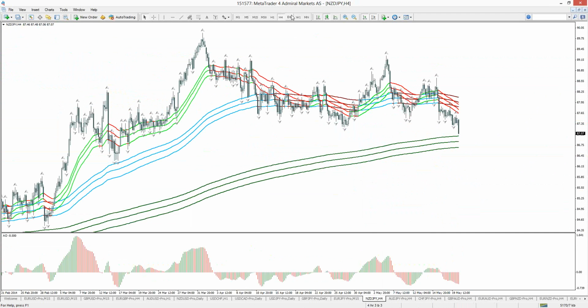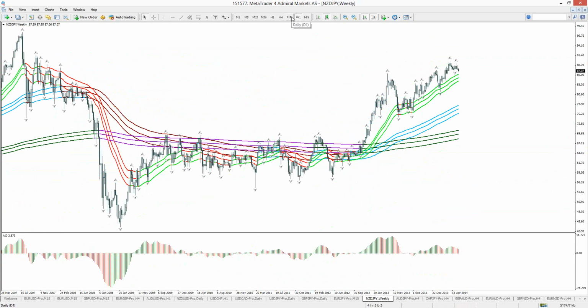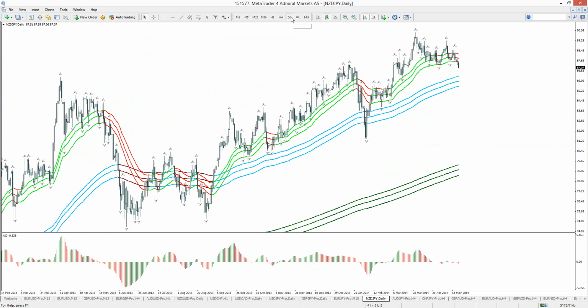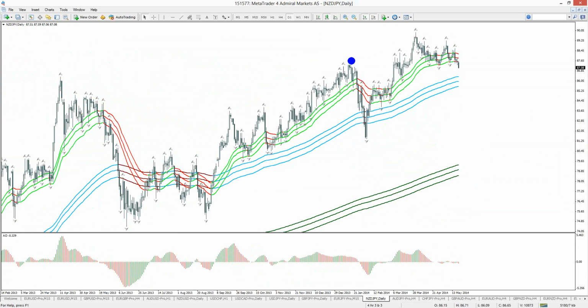Alrighty, this is New Zealand yen. New Zealand yen looking definitely different than the dollar yen, for instance. It has been still pushing up in 2014 here, breaking the top, significant difference.